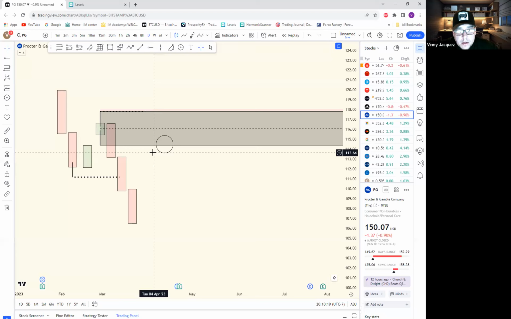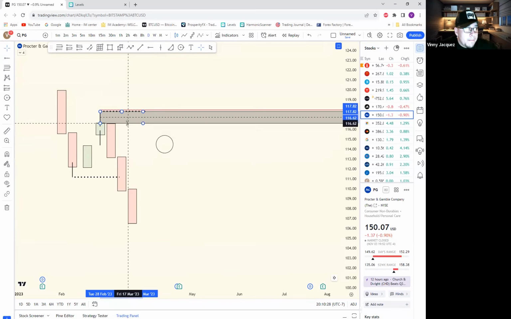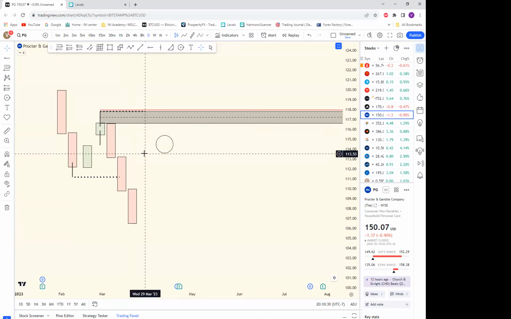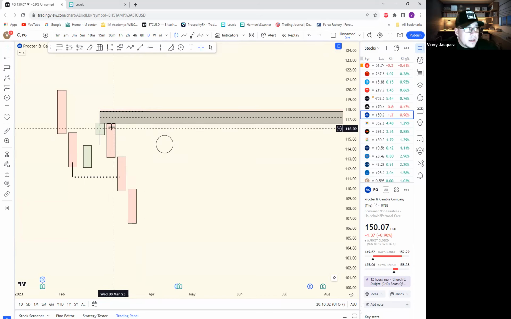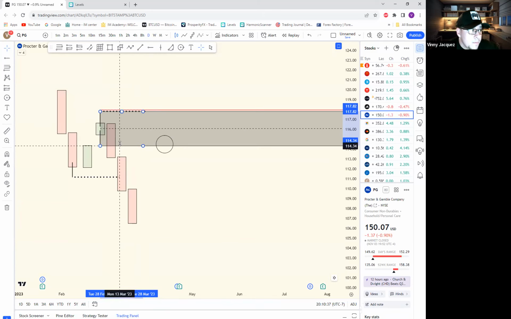Why do you make your box wick to wick and not just the top of the wick to the body? Because this is the whole supply zone. This is the whole starting point candle.